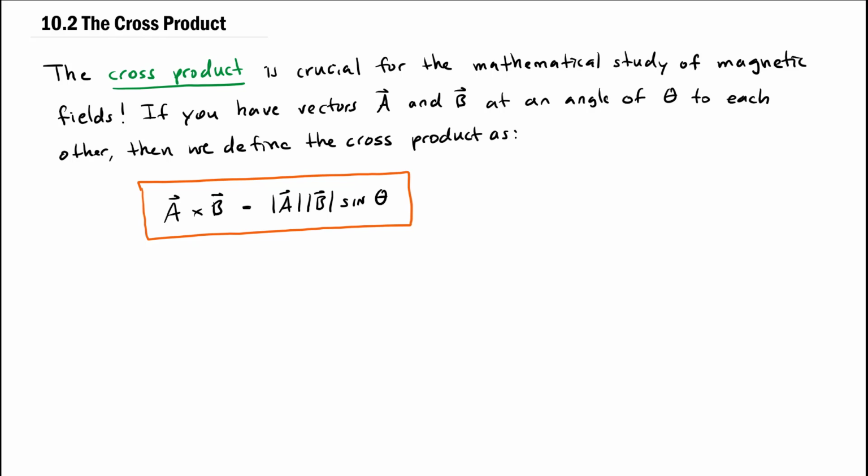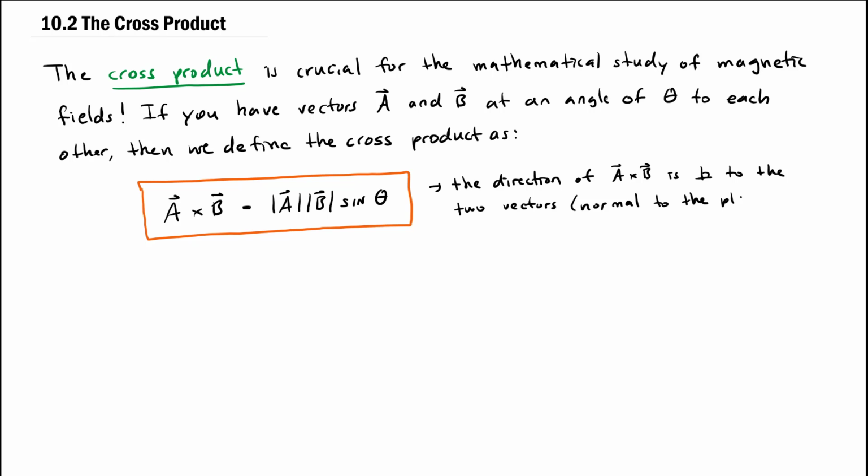And we want to first mention that the direction of the vector A crossed with B is perpendicular, or normal, to the plane that contains them.